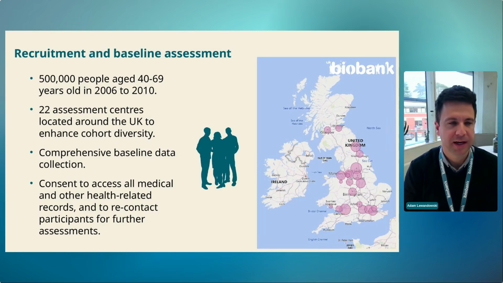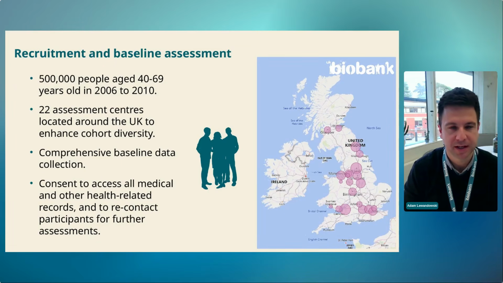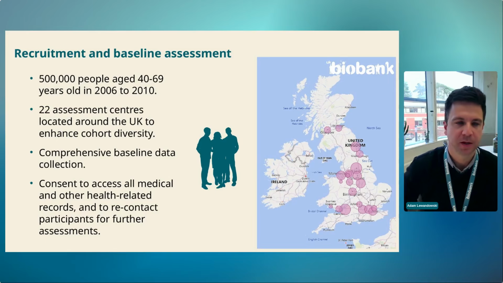Importantly, at that time participants also consented to access to all of their health-related medical records, and to be recontacted for future assessments, whether in person or online through questionnaire.